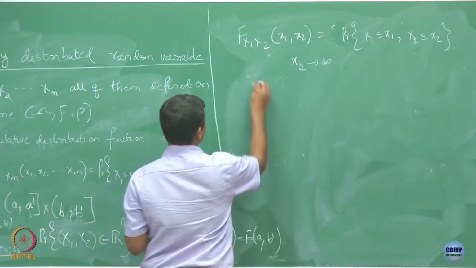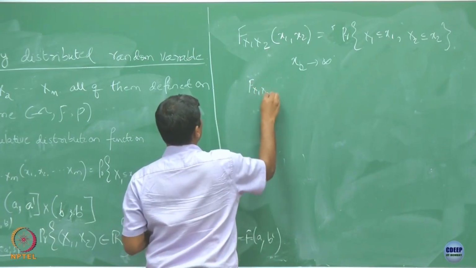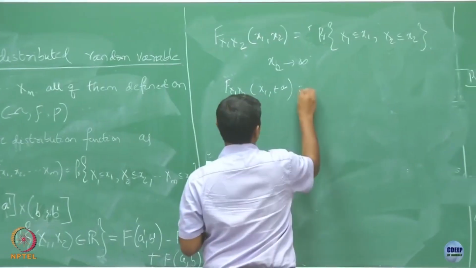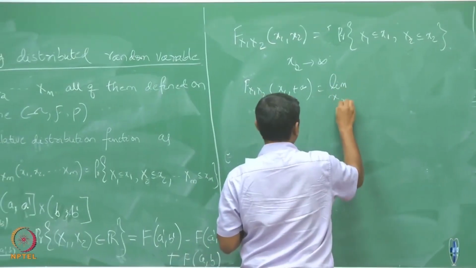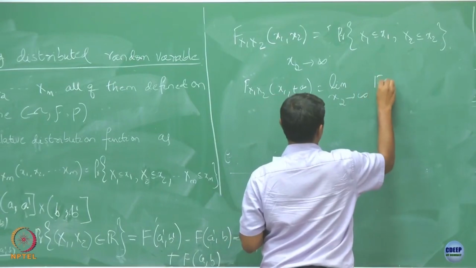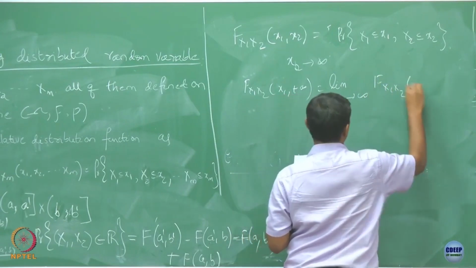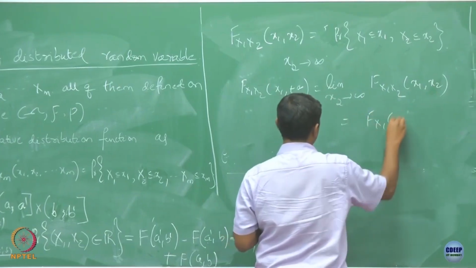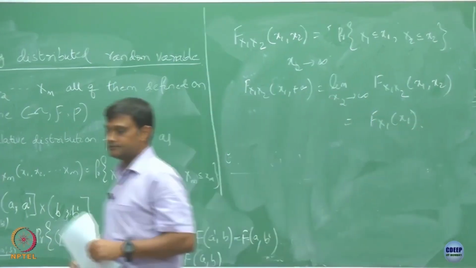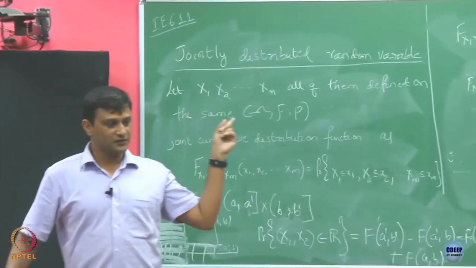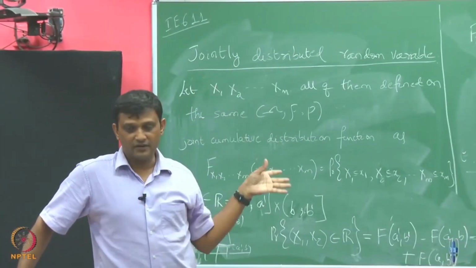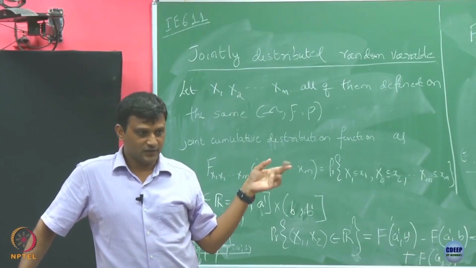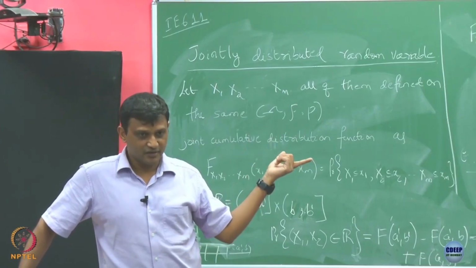So that is why we say that F of x1, x2, as x2 goes to infinity, is F of x1, which we simply denote as F_X1 of x1. So by letting one of the variables go to infinity, we have recovered the marginal CDF from the joint.